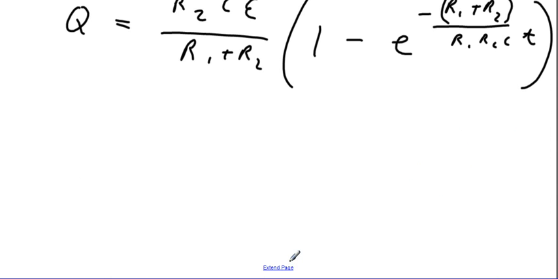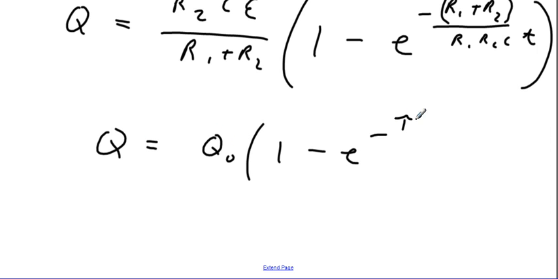Okay, now Q is going to be some initial Q times (1 minus e to the minus t over the time constant). And so what we're looking for is the time constant.